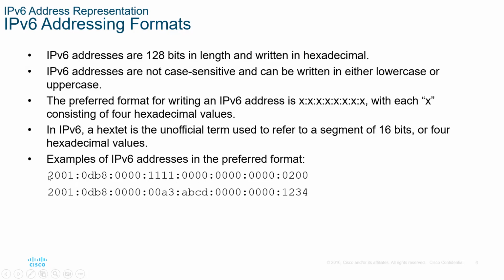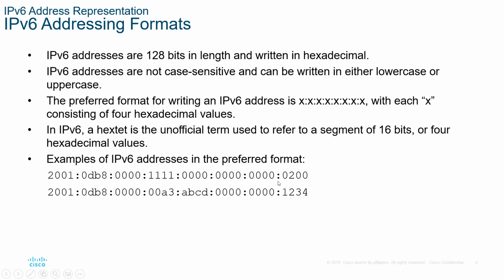So we could change this to read 2001 colon 0 Delta Bravo 8 colon 0000 colon 1111 colon 0200. That's what we mean by collapsing addresses, zeros in the middle.